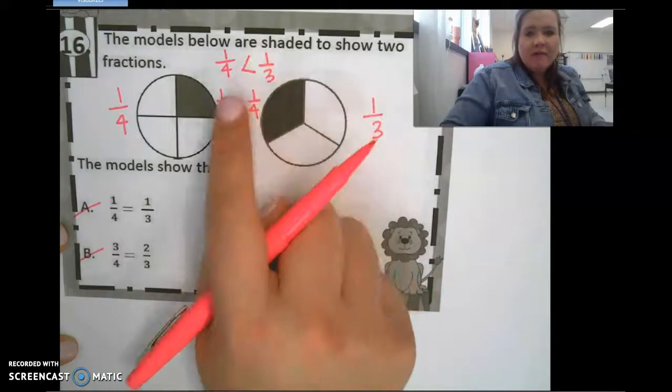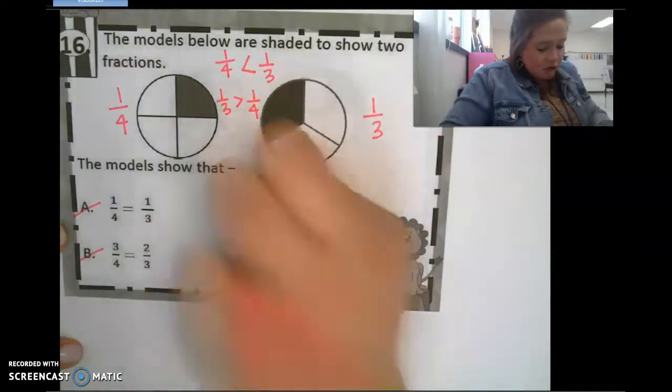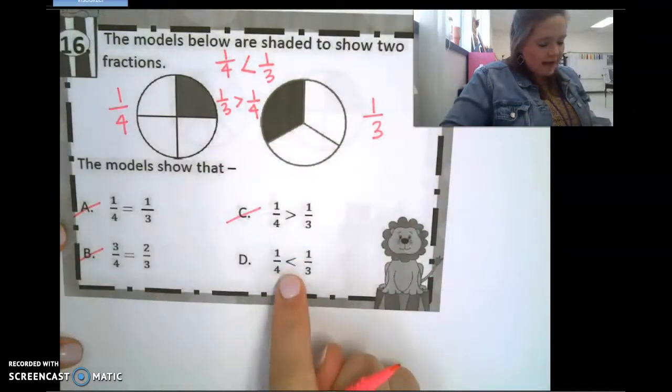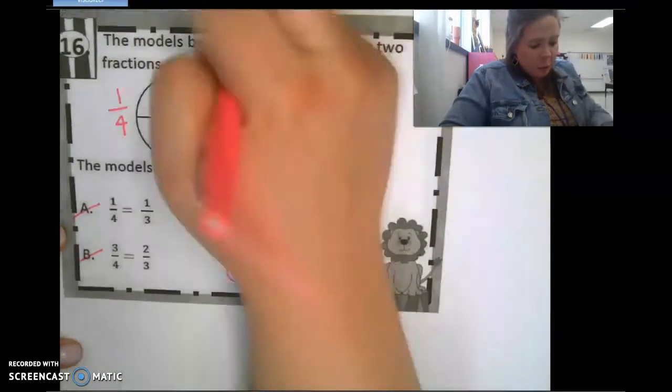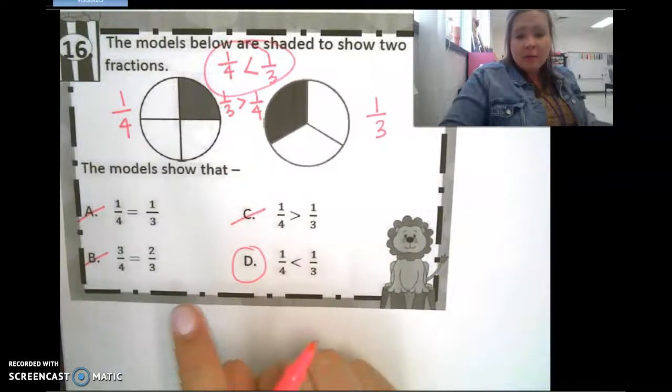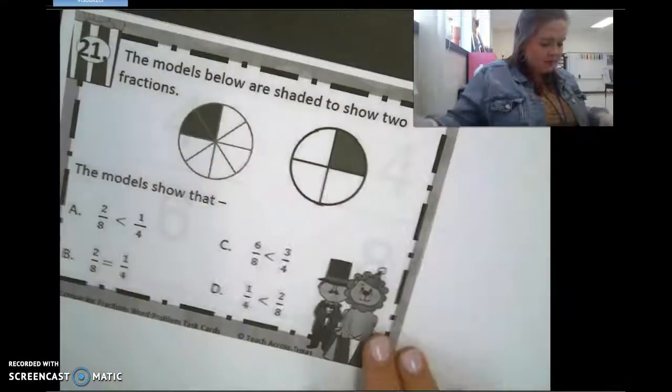Is that what we have here? Good, that is not what we have here. Or 1/4 is less than 1/3. Yes, that's what we have right there. So it's really important that we are able to see the fractions being compared both ways, all right?